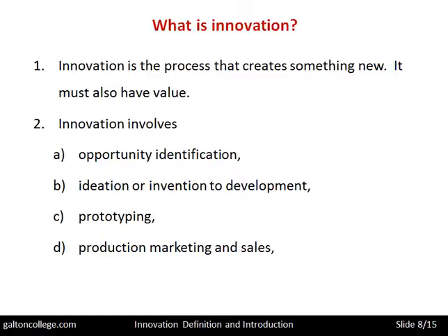Production, marketing and sales. Now, all of these need to be looked at. The production system can be tweaked, let's say, some sort of innovation in the production system. Marketing could be more innovative as well by looking at different segments of the market, by changing the demographics that were targeted, perhaps moving it from one age group to another, or moving it from males to females, or different parts of the country.